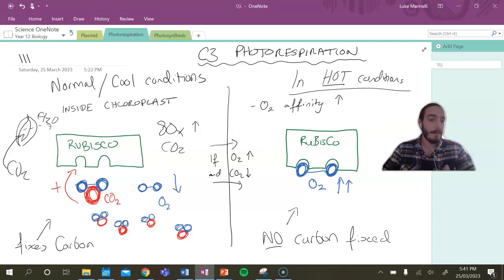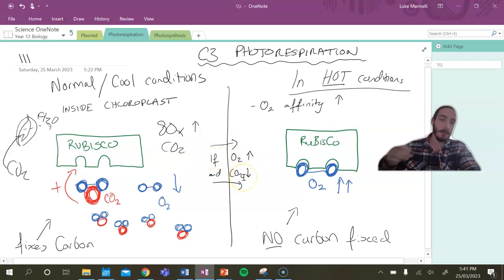Now, if we have no way to fix carbon and store it for later use, then across the day, if it's a hot condition, we're going to get this buildup of oxygen that's being created in our normal photosynthesis reactions. That's A, struggling to get out, but also B, is becoming high in concentration compared to carbon dioxide, which again is not coming into the plant because the stomata are closed.